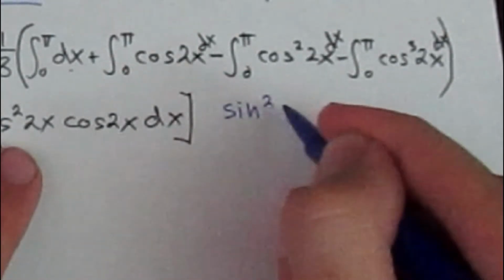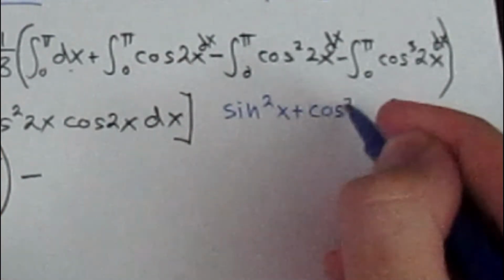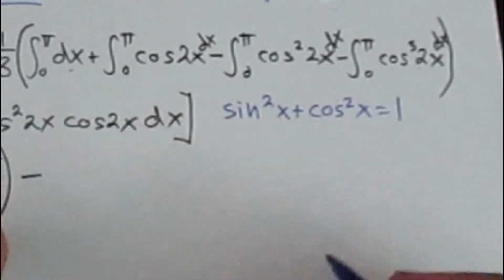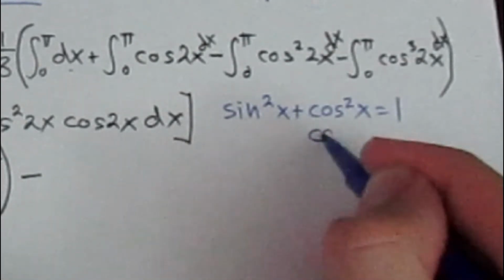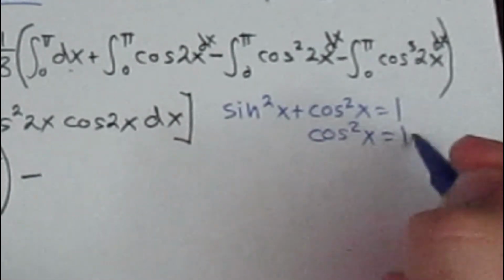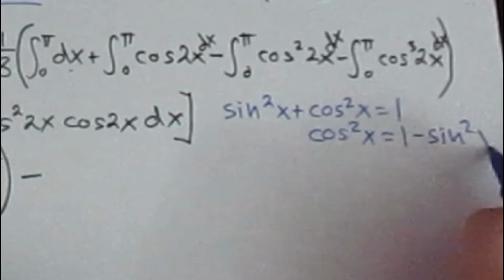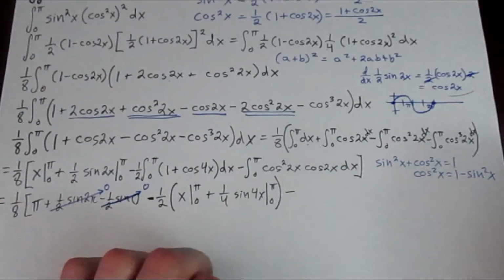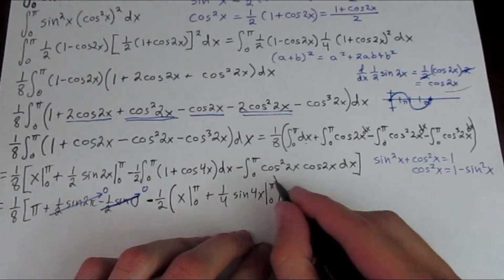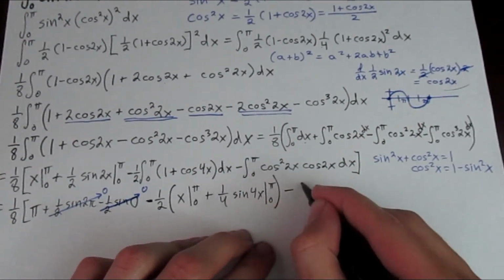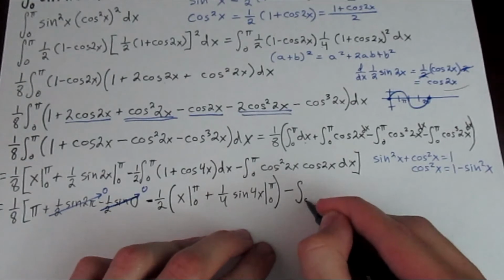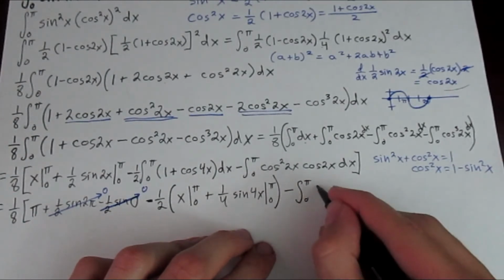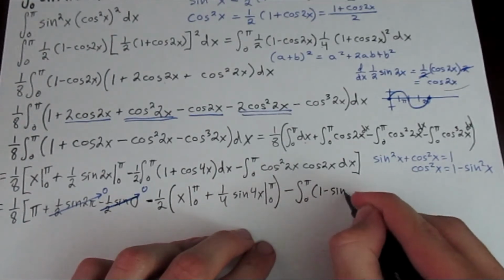Recall sine squared x plus cosine squared x equals 1. How do we get cosine by itself? We subtract sine squared from both sides. So this equals the integral from 0 to pi of 1 minus sine squared.